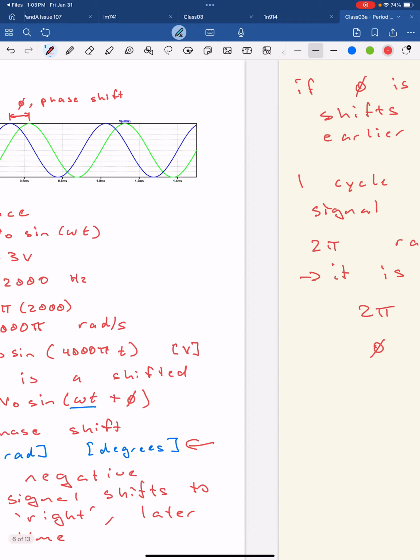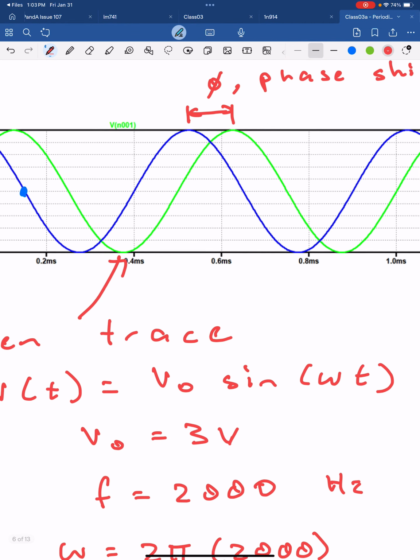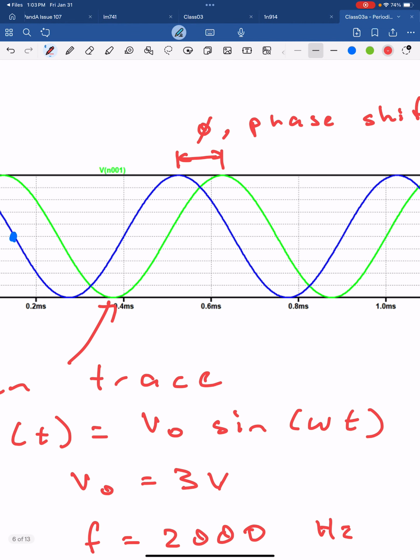Going back to our plot, I have this written as a phase shift, but practically I can go down here on the axes and say this phase shift corresponds to a difference in time. It always corresponds to a difference in time. So we can correlate our delta t to our phi. We can get delta t from the plot.